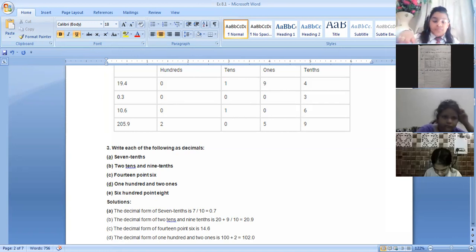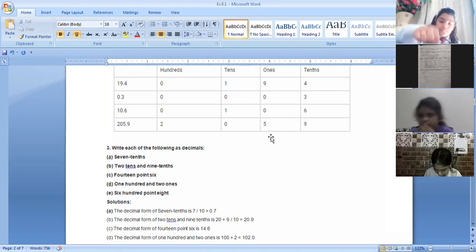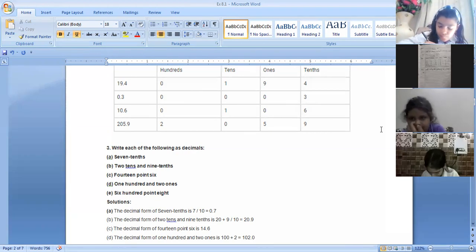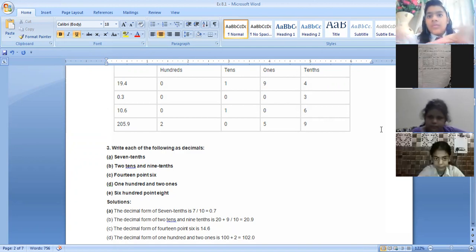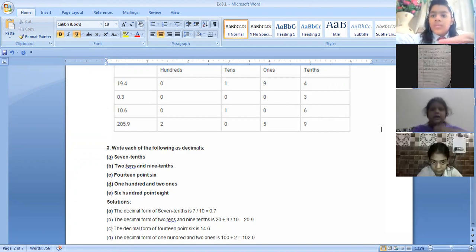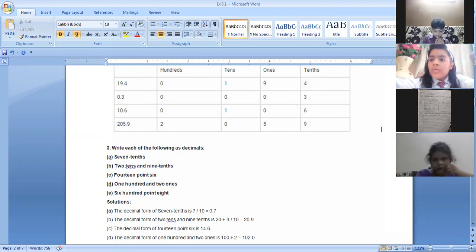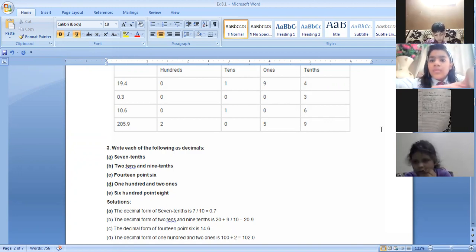Next is 600.8. That means 600 will be written as, how can we write, Avni? 600.8, how can we write it? Avni Agarwal. You're not audible. 600.8. How can we write? Ritima, check, right?